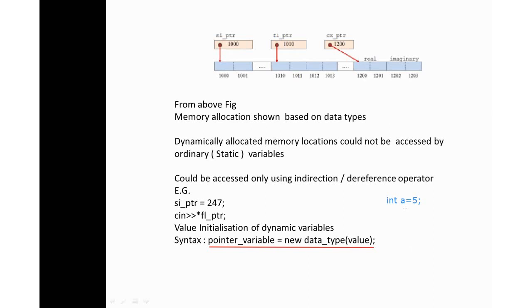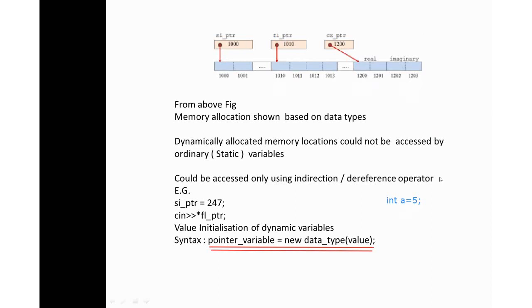In a similar way, you can initialize a value for your dynamically declared variables also. For that, you have this syntax: pointer variable is equal to new data type and the value. Is it clear?